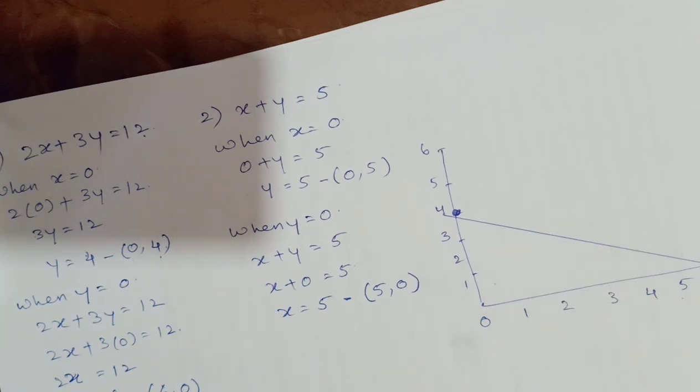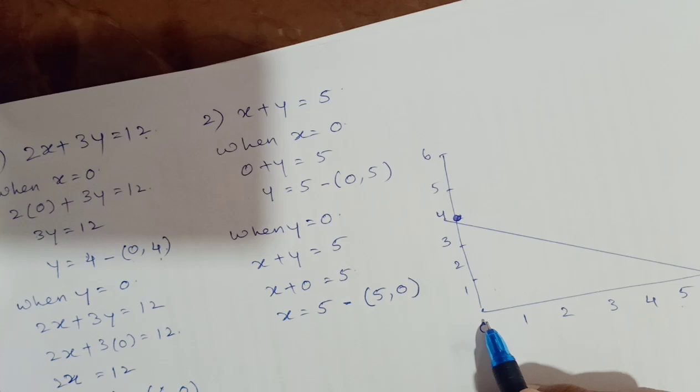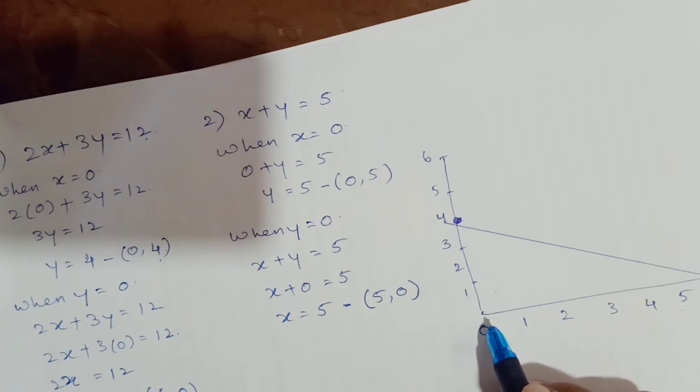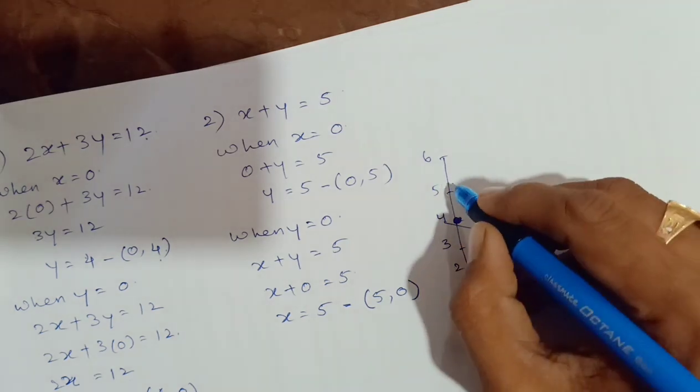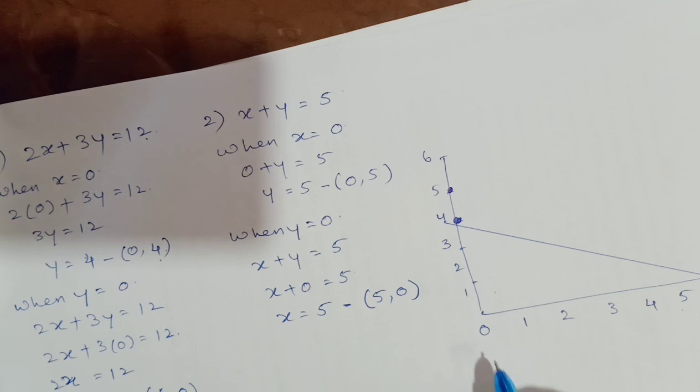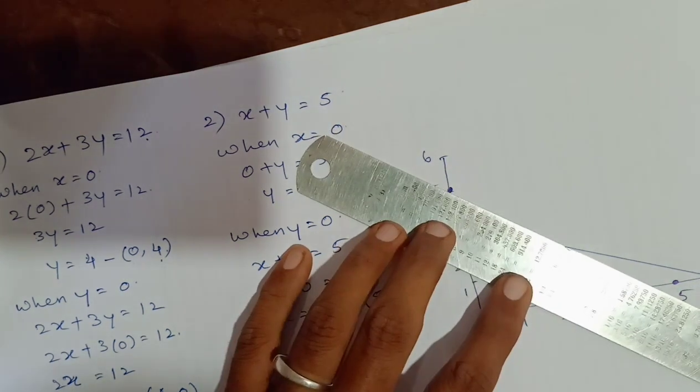For the second constraint, when x is equal to 0, y is equal to 5, and when y is equal to 0, x is equal to 5. So again let us draw.